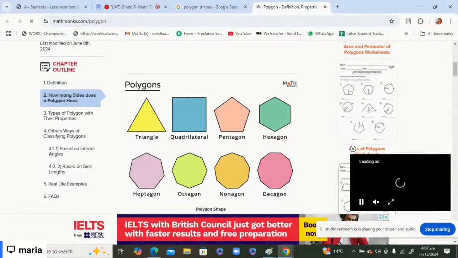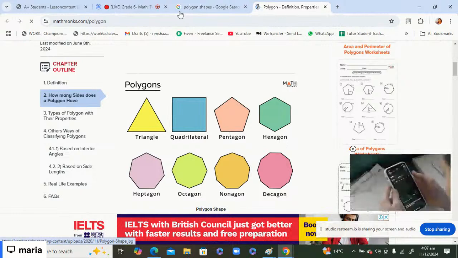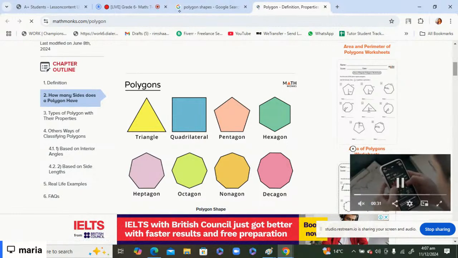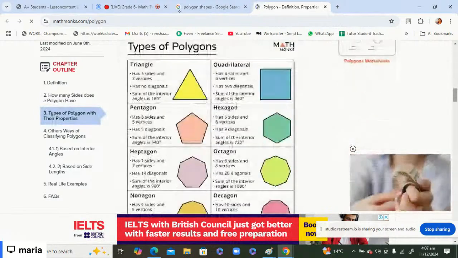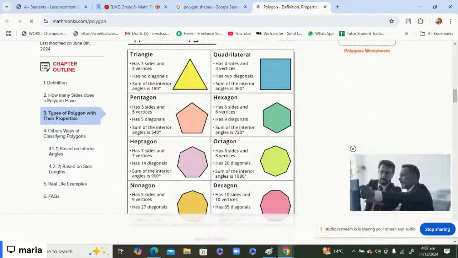These are all one type of polygon: the triangle, quadrilateral, pentagon, hexagon. For the pentagon, how many sides? For the octagon, how many sides? Look, these are all the things given here in the chart.